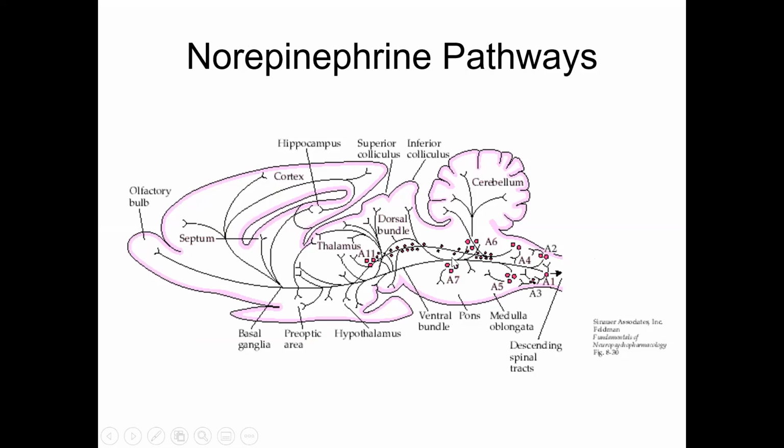It will also project into the ventral horn, where it will inhibit large alpha and gamma motor neurons. And where that comes from is primarily from a subgroup of locus coeruleus cells called the subcoeruleus.